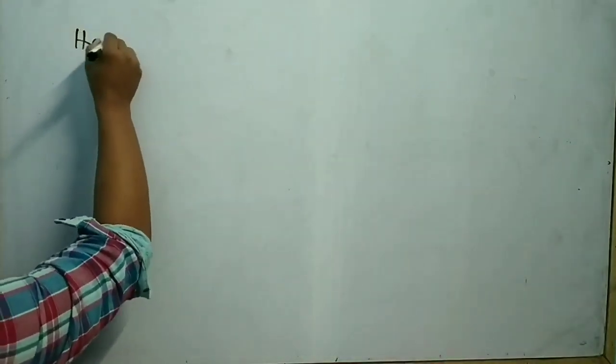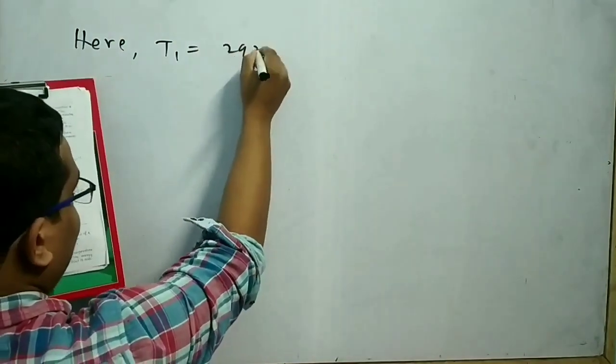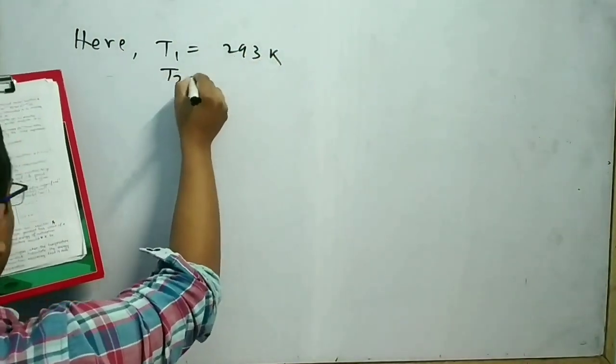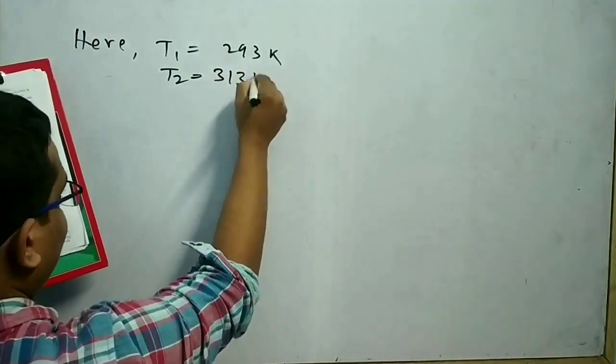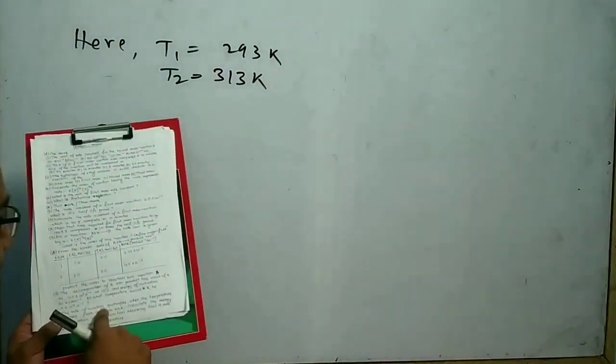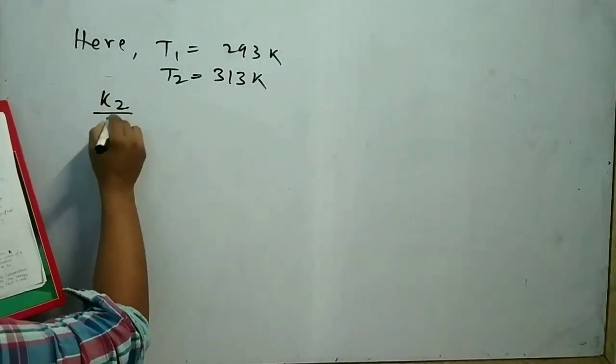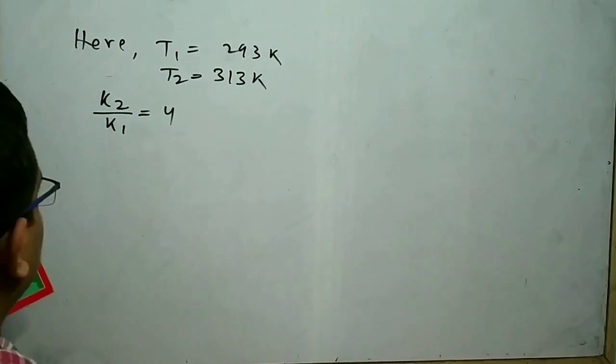In this problem, T1 equals 293 Kelvin, T2 is equal to 313 Kelvin. Here a point is given, the rate of reaction quadruples. That means here K2 by K1 is 4.